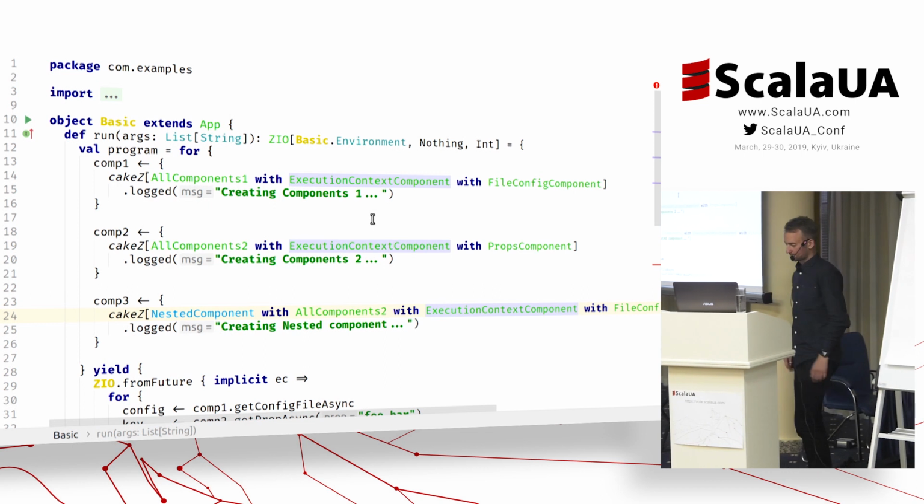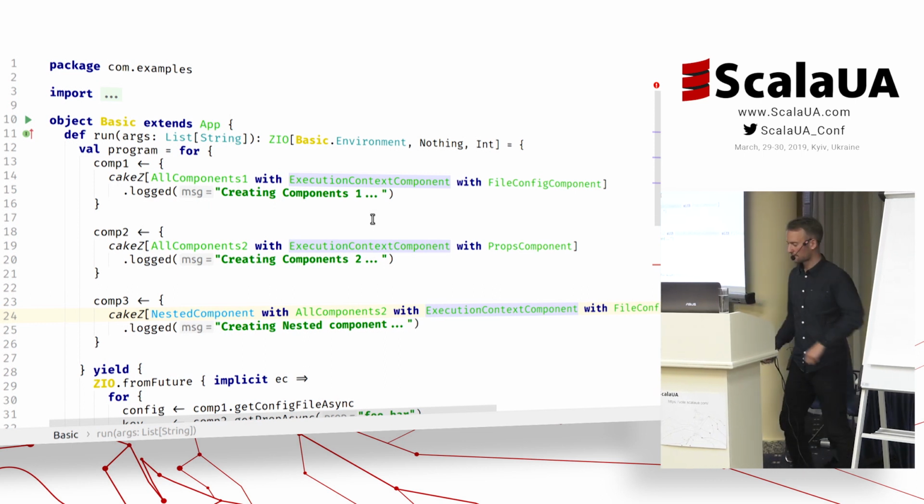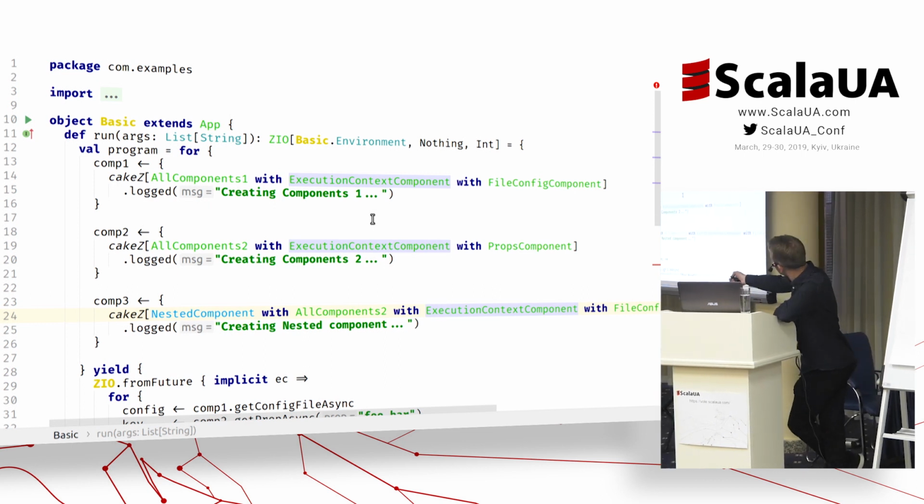Yes, so in this case, we have some cake1. Logit just prints this message exactly after the cake instantiation in the for comprehension. Component 1 is this type.